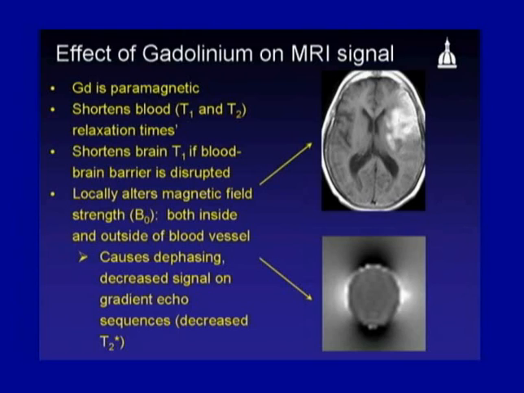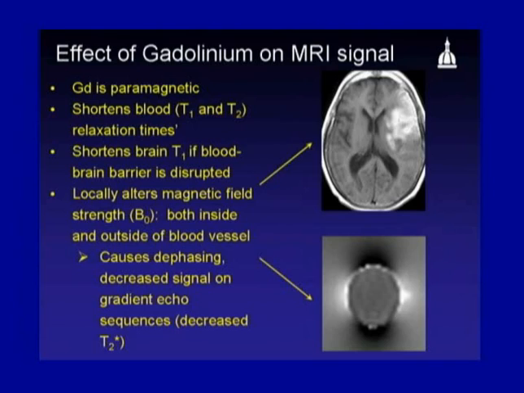Now, the other thing it does, because it's paramagnetic, is that it also causes a change in the magnetic field strength. If you imagine this is a blood vessel, if you put gadolinium inside the vessel, it actually increases the magnetic field strength inside of the vessel. But interestingly, it also has an effect outside of the vessel.